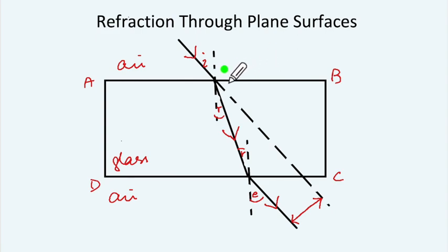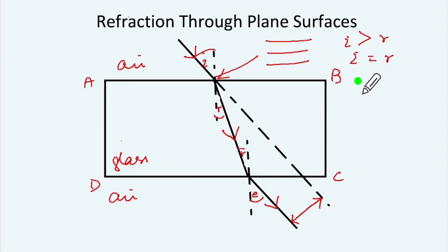Then again you will have different options at this point. Is it turning towards the normal, away from the normal, at right angles, etc. Okay, then this angle of incidence is going to be greater than R. Is it going to be equal to R? Is it going to be less than R? So these are some of the options that can be given over here.